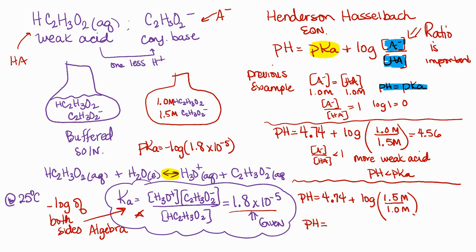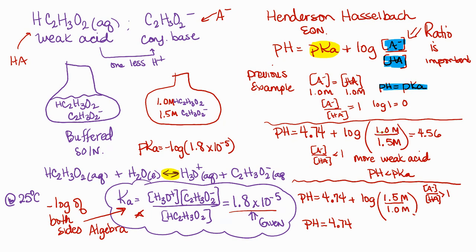Okay, so go ahead and find your ratio. Take 1.5 divided by 1, which would be 1.5, right? So right away, we know that A minus over HA is greater than 1. It's more basic. So now I'm going to take the log of 1.5, and we're going to get a positive number, and we're going to add it to the 4.74.